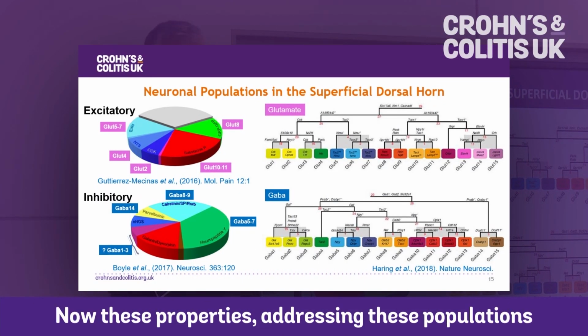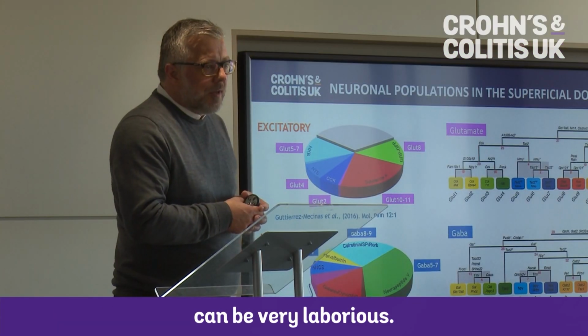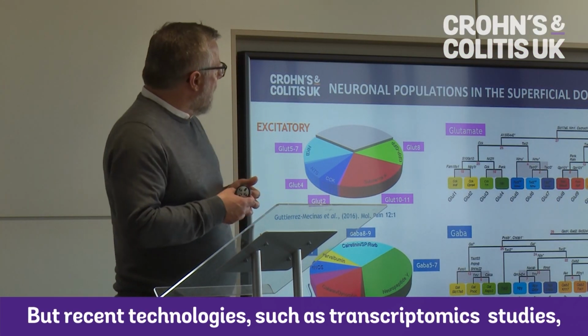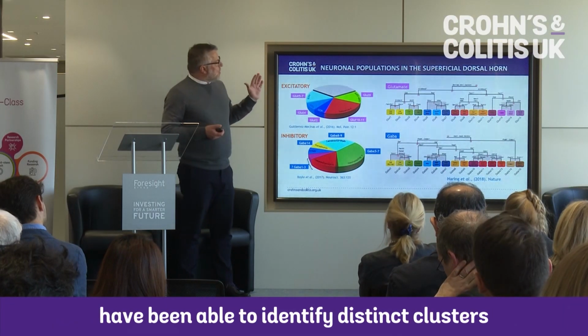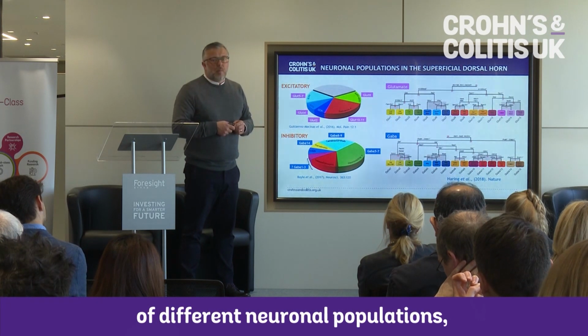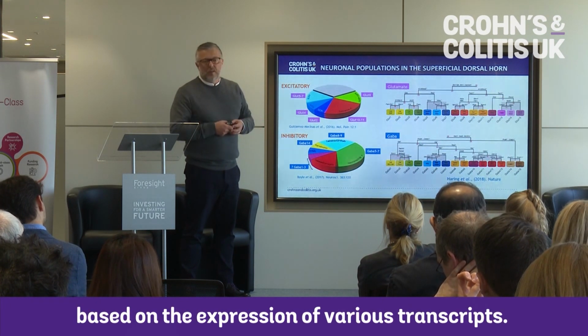Now, addressing these populations can be very laborious, but recent technology and transcriptomic studies have been able to identify distinct clusters of different neuronal populations based on the expression of various transcripts.